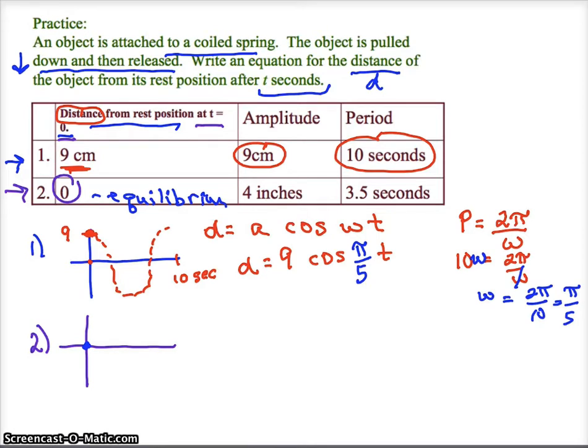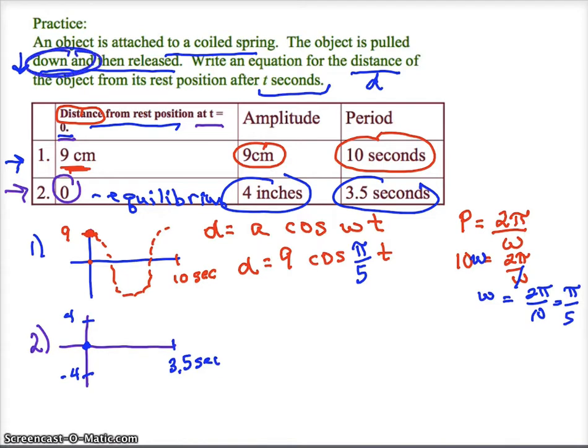I'm told that the amplitude is 4 and the period is 3.5 seconds. So if the amplitude is 4, that gives me my maximum positive and negative displacement. And if the time is 3.5 seconds, I can now draw a sketch. Remember, the object is pulled down and then released. So we would go down and then through the rest of the curve.